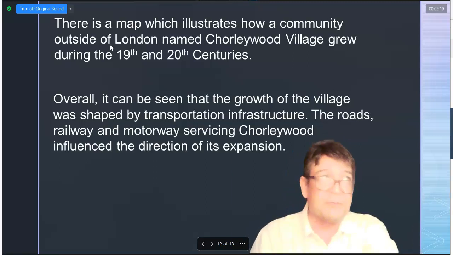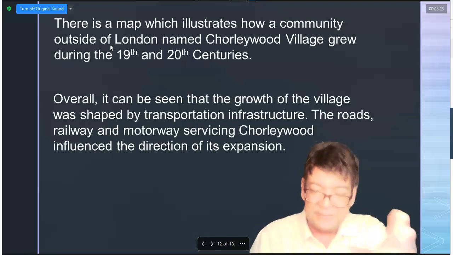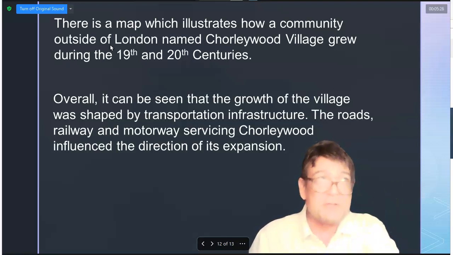So here's what I would have written, what I did write. There is a map which, using a relative pronoun here, allows you to create a complex sentence right off the bat. Now at the beginning, get it out of the way, which illustrates how a community outside of London named Chorleywood Village grew during the 19th and 20th centuries.